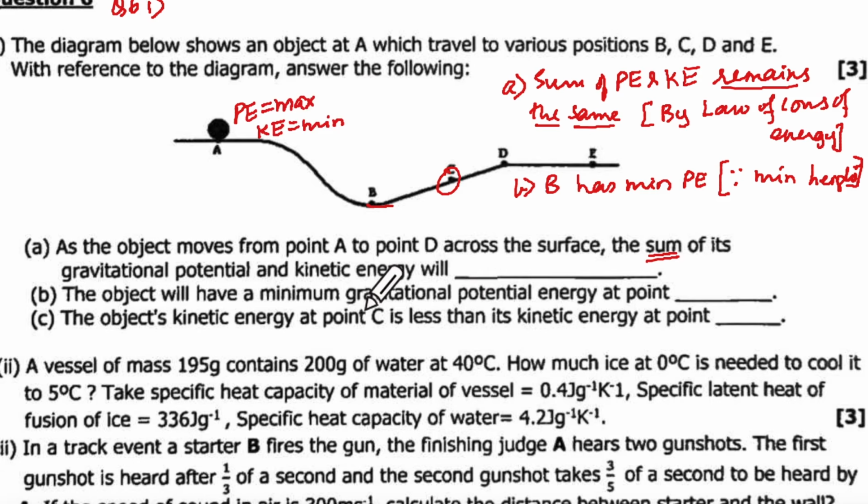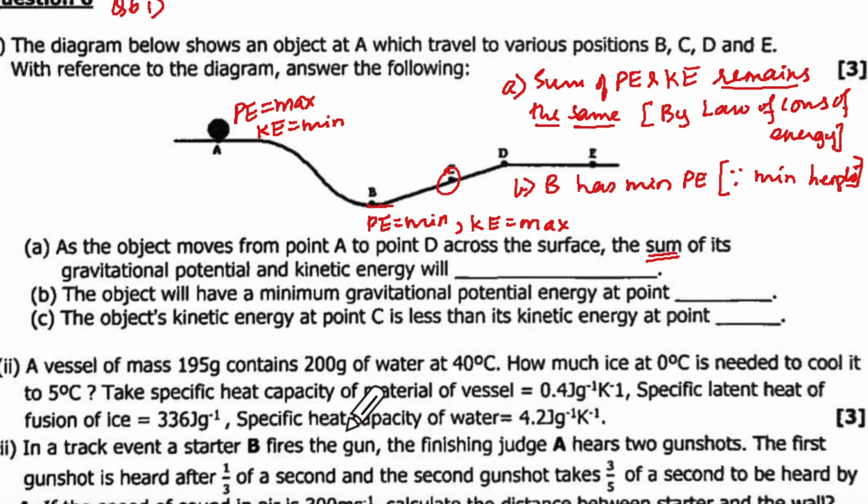They say kinetic energy at point C is less than, now this one has PE minimum, and so KE will be maximum, correct? Yes. Have we shown the diagram like that? Very good.